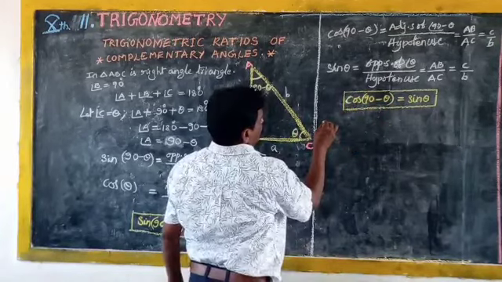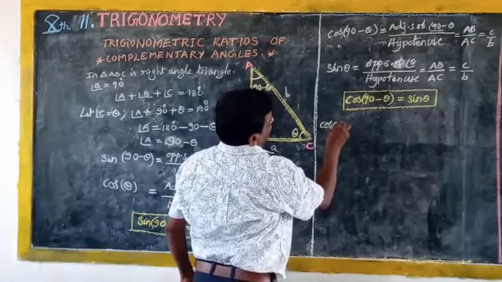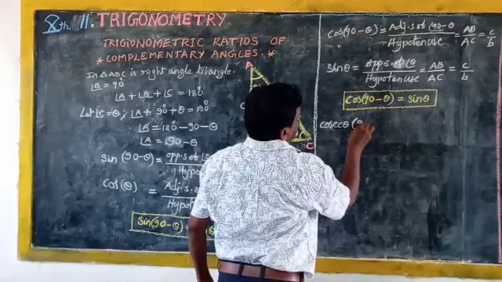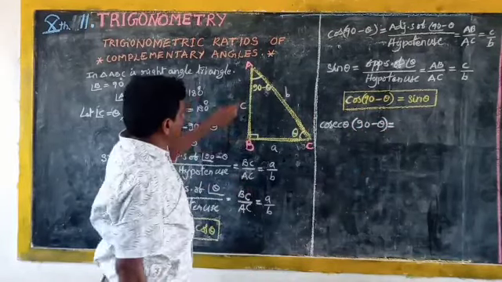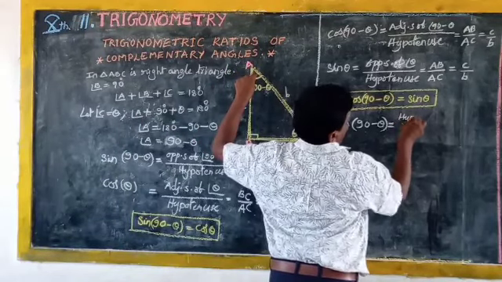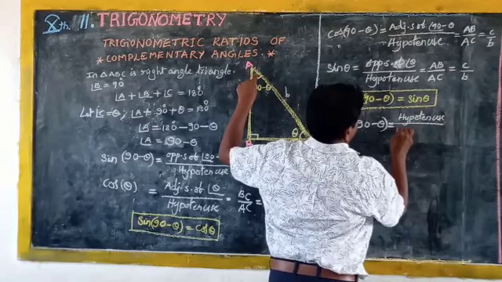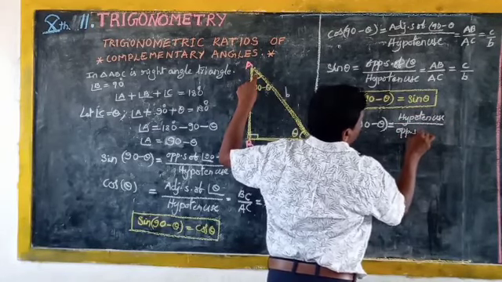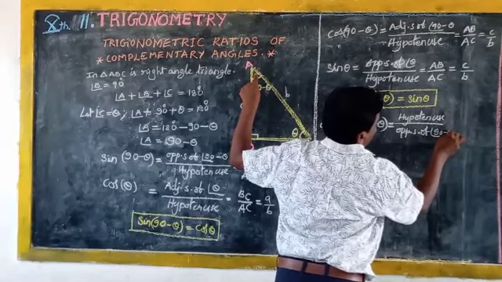Next, cosecant 90 minus theta. Cosecant is hypotenuse by opposite side of angle 90 minus theta.